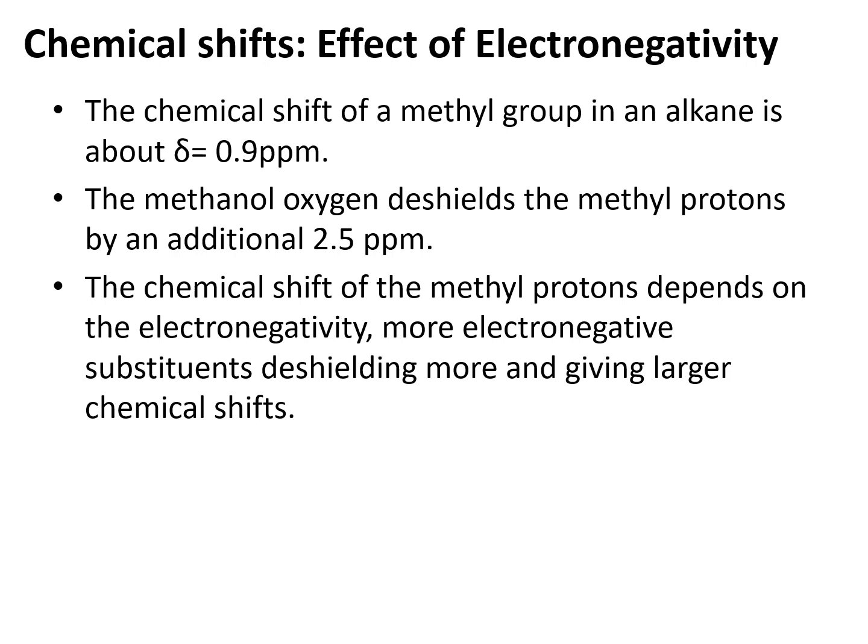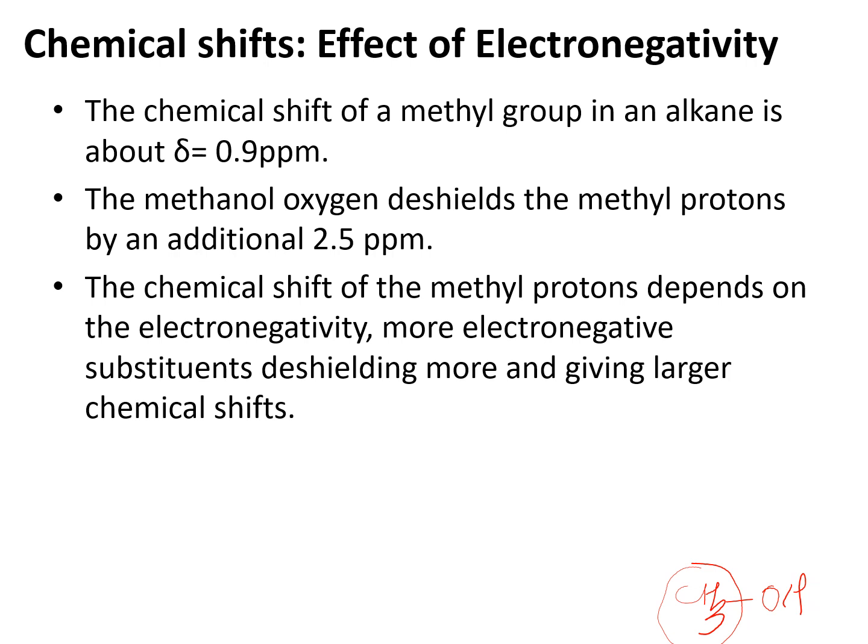So the chemical shift of the methyl group in an alkane, as I said, is 0.9. If we talk about methanol, CH3OH, here this CH3 is attached to an oxygen atom.